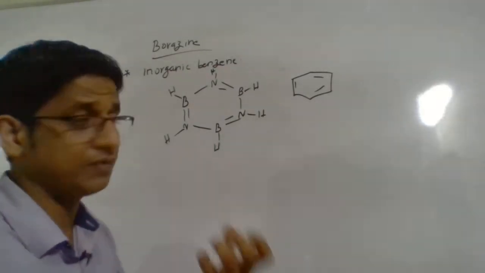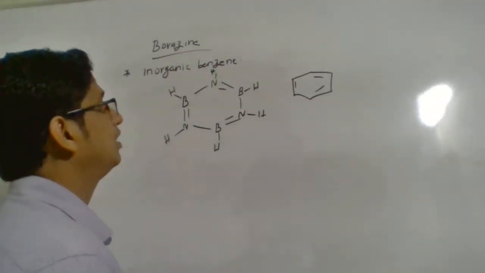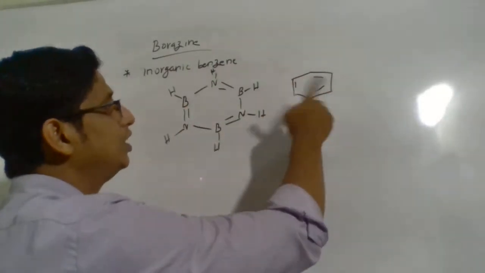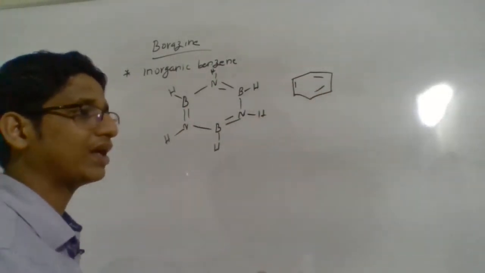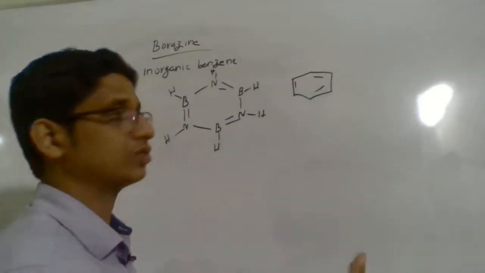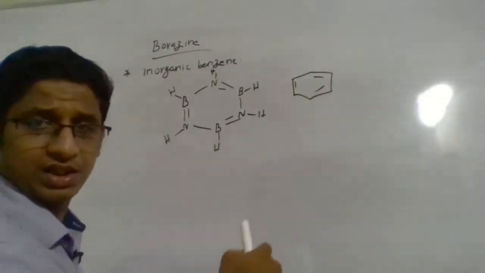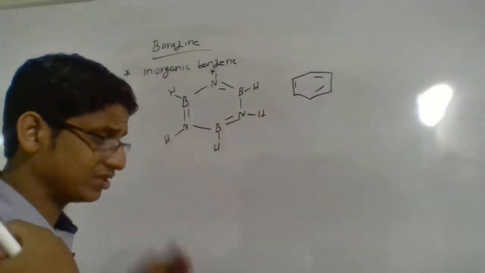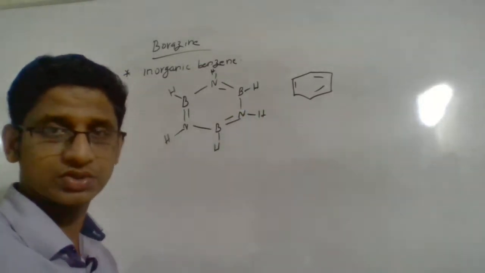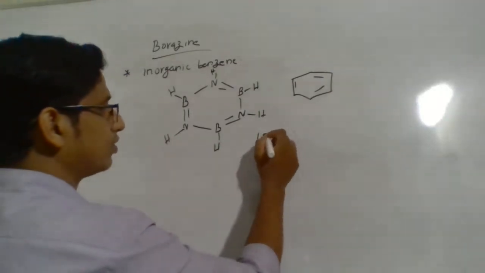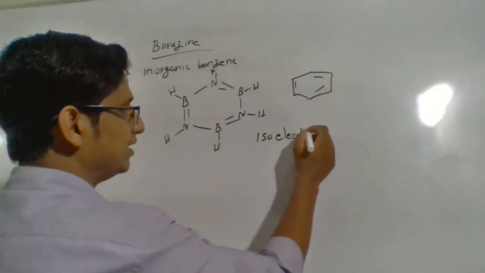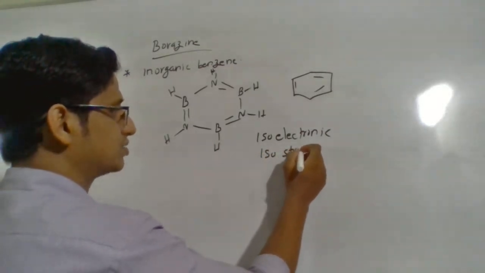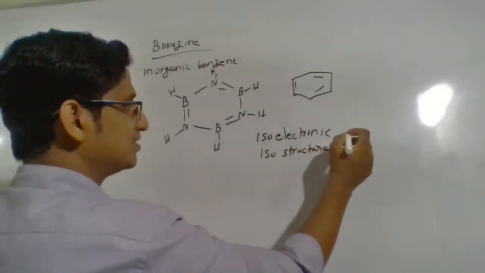Look at the number of electrons around a particular atom. Here the carbon atom has a valency of 4, so each bond is made up of 2 electrons, so a total of 8 electrons will be there on each atom. Similarly here also, so these two are isoelectronic and isostructural with benzene.